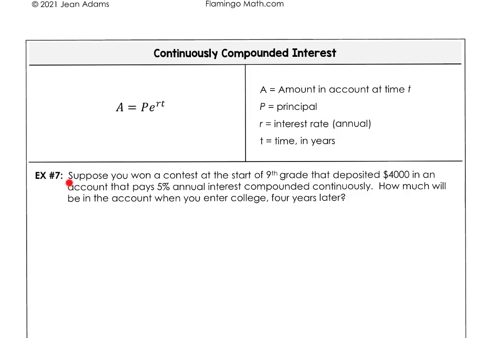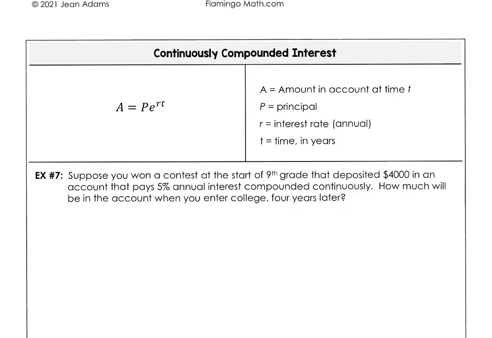So let's say in example 7, suppose you have won a contest at the start of the 9th grade and you deposited $4,000 into an account that pays you 5% annual interest, compounded continuously. So now I know I need this formula here. How much will be in the account when you enter college 4 years later?